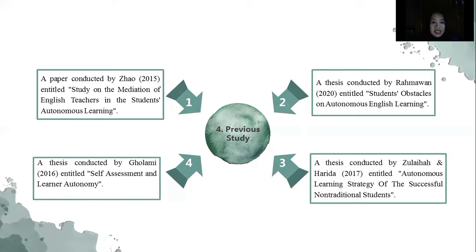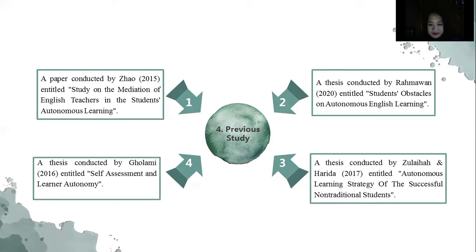And then the last, a thesis conducted by Golami, 2016, entitled Self-Assessment and Learner Autonomy. From Golami's thesis, the researcher gets the instrument, a 44-question questionnaire.